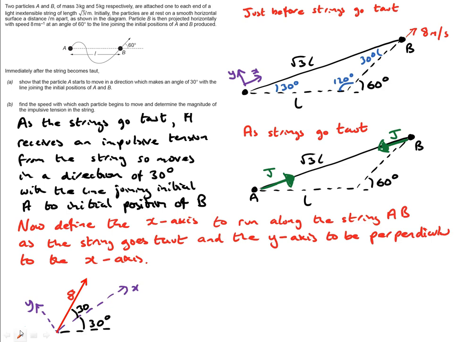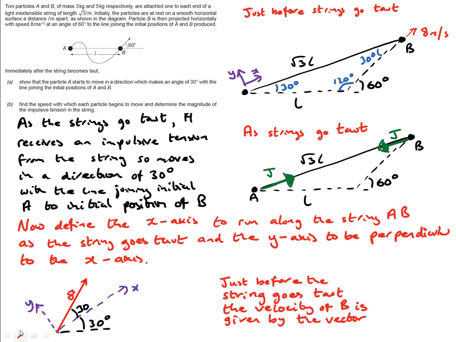So we now need to try and write the initial velocity of B, which we know is acting at an angle of 60 degrees to the initial line joining A to the initial position of B, which means that it is acting at an angle of 30 degrees to the line which is defining our x-axis, which means that the initial velocity of B can be written as a vector of 8 cos 30, 8 sine 30.